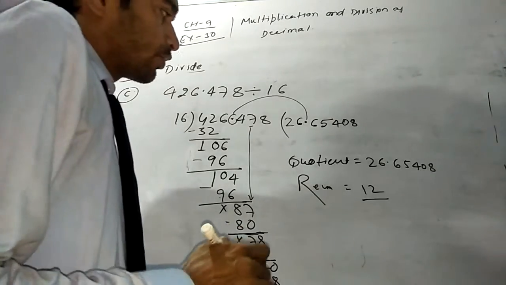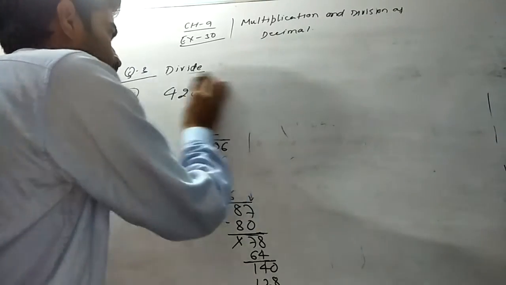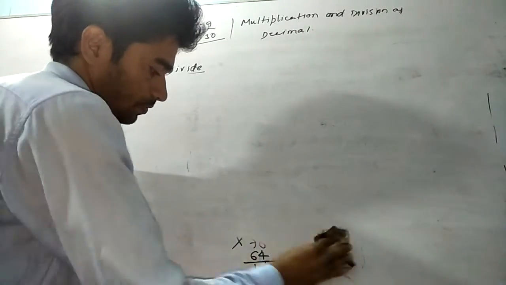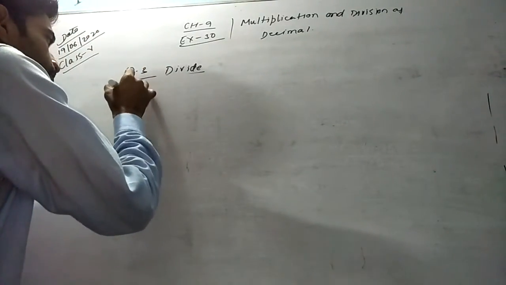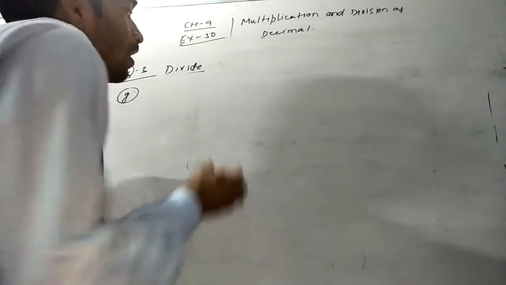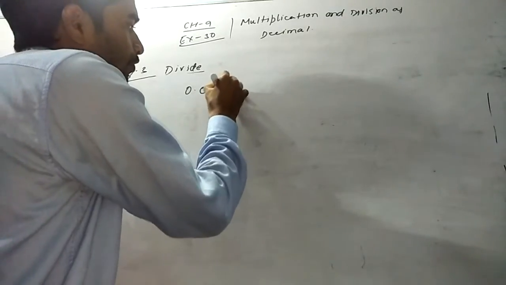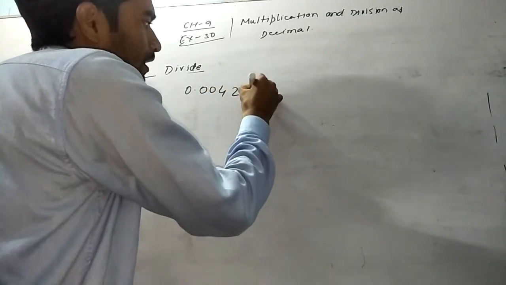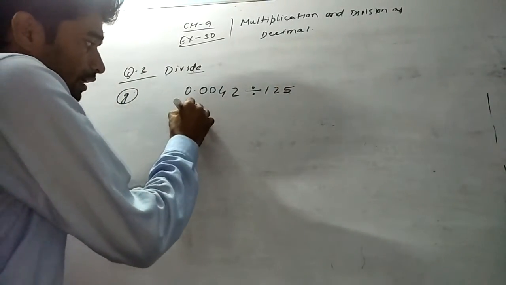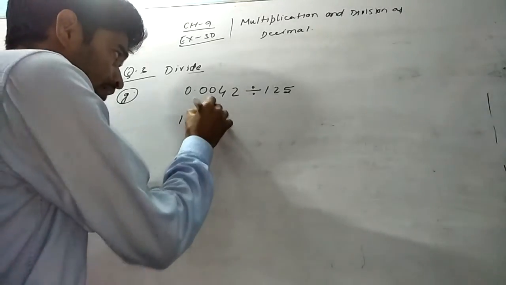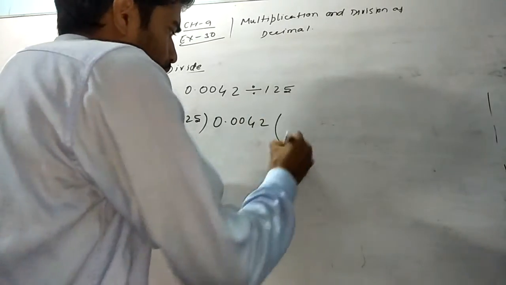And again, next question, question number G. 0.0042 divided by 125. So 125 divides 0.0042.